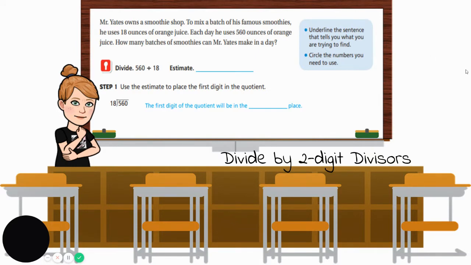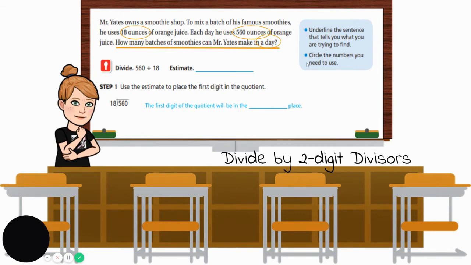So it's asking us to underline the sentence that tells you what you are trying to find. We are trying to find how many batches of smoothies Mr. Yates can make. Circle the numbers you need: 18 ounces, 560 ounces, and a day.